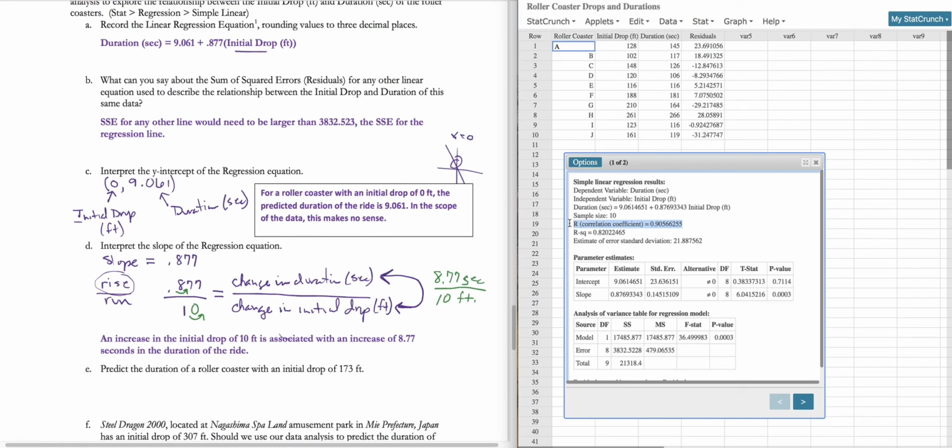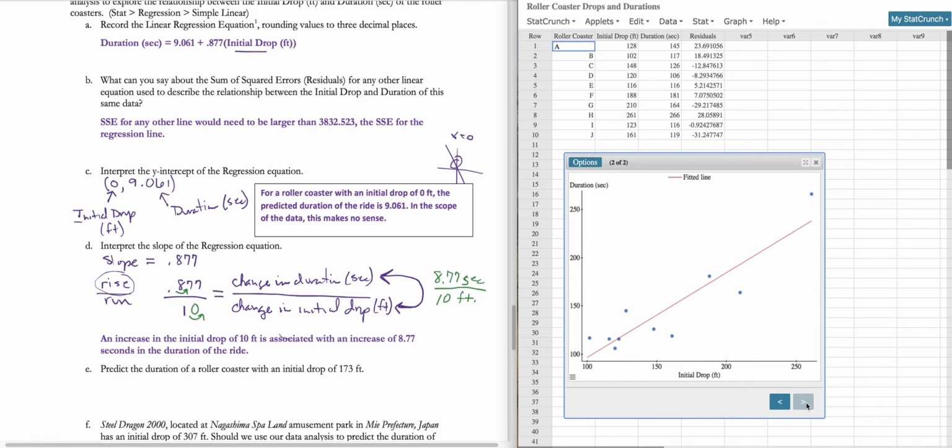And that was our conclusion here. Taking a look at our scatter plot and our correlation coefficient, we decided that there was evidence of a linear relationship between these 2 variables.